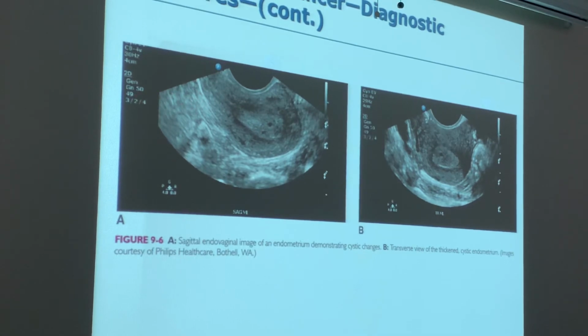If there was a bend at my cervix, it would be flexed. Okay? So I have an endometrium that is too thick with anechoic structures in there. So I would just say a heterogeneous endometrium.